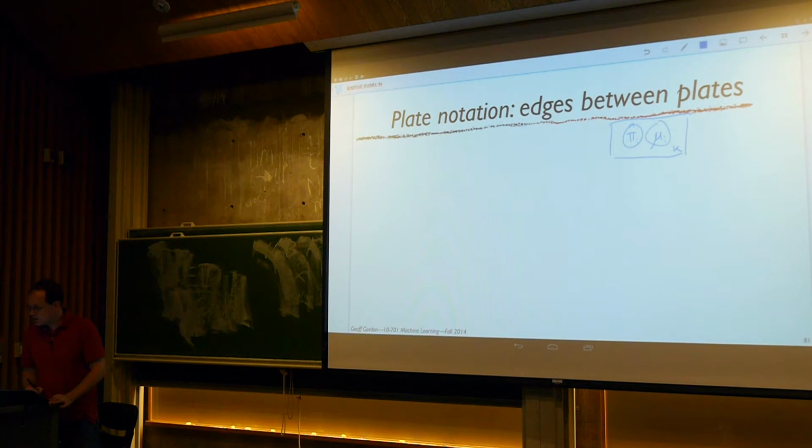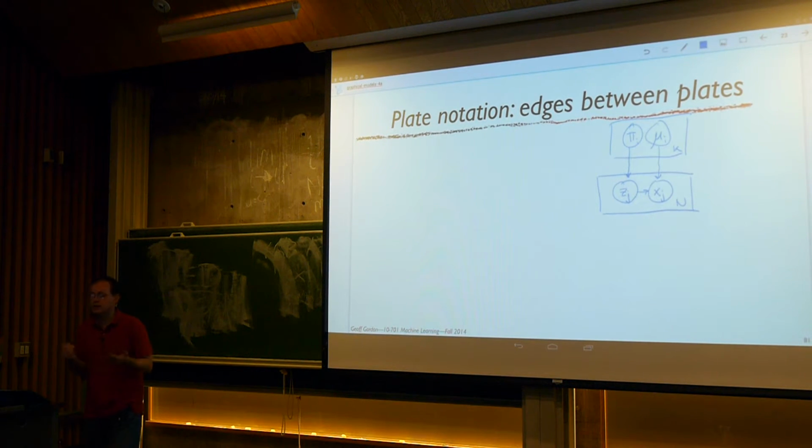Then we could have an indicator variable, zj, which says what cluster example j belongs to, and then you could have xj, which would be the actual observation of example j. And then there are n of those. The probability affects what the cluster indicator is, and the mean affects what the example is.